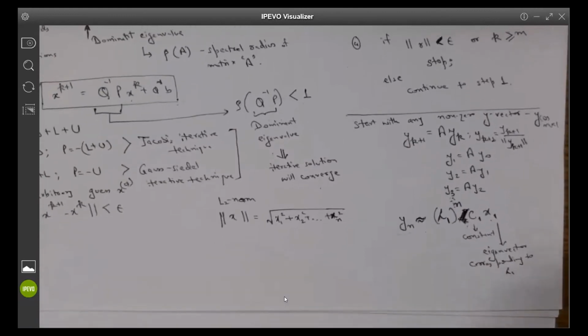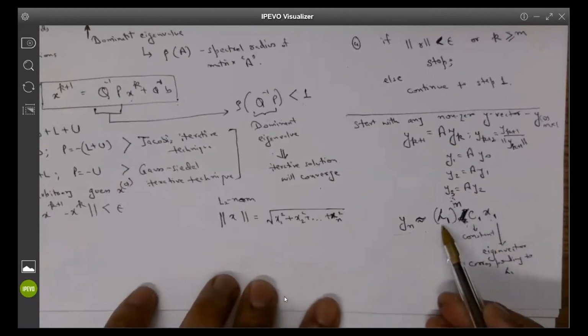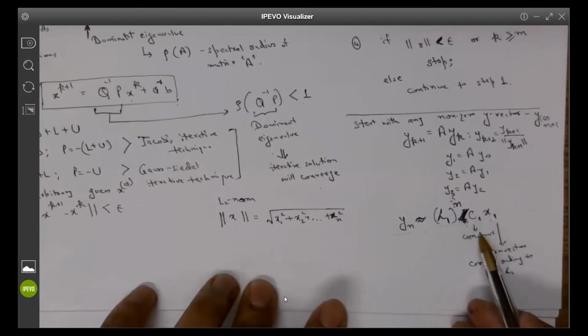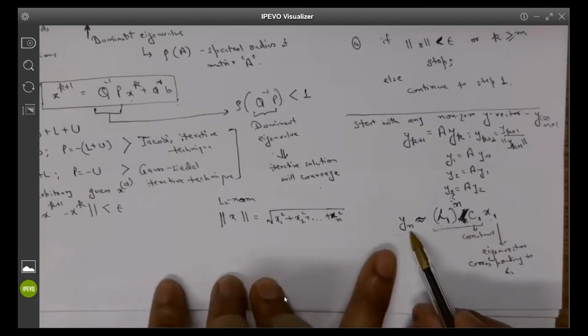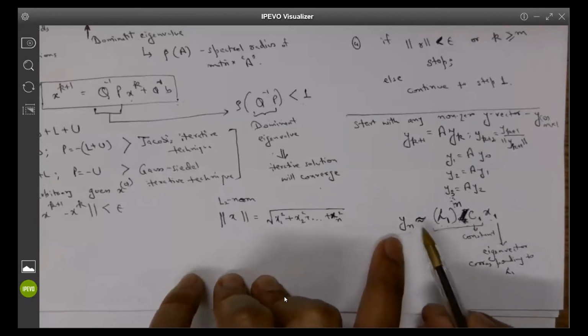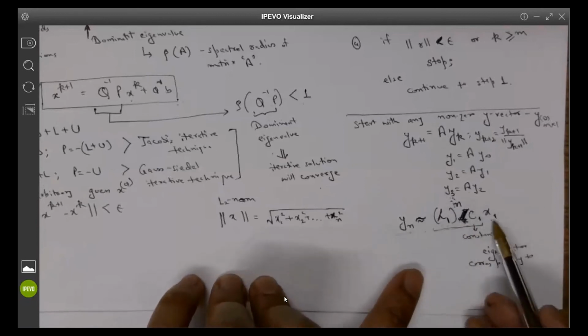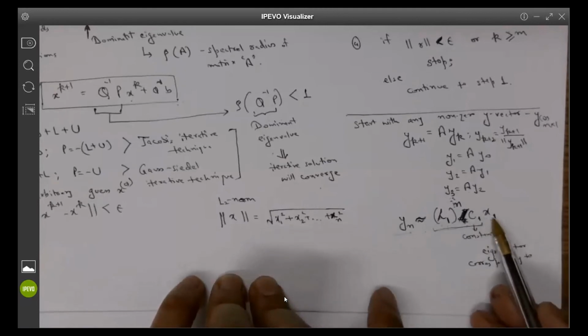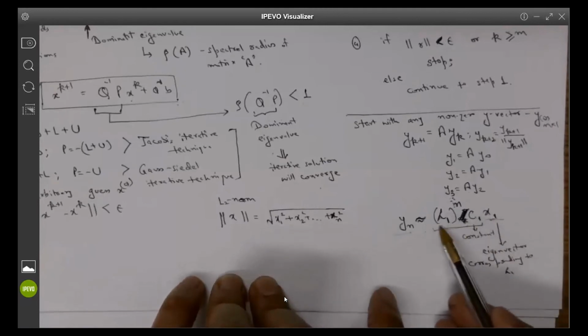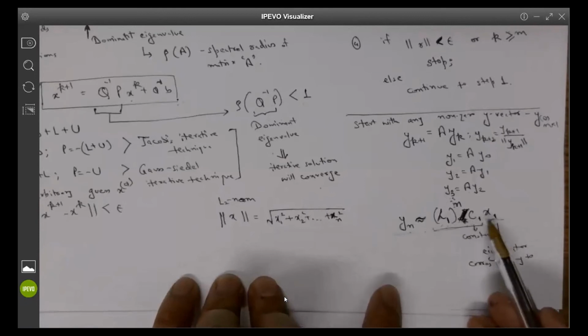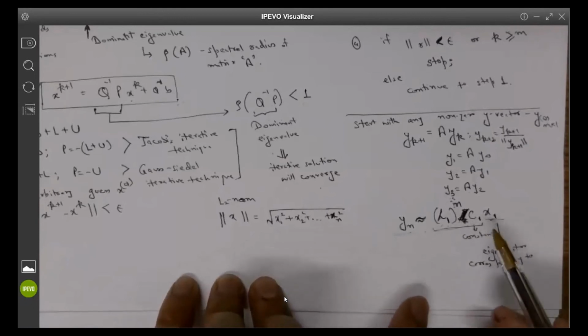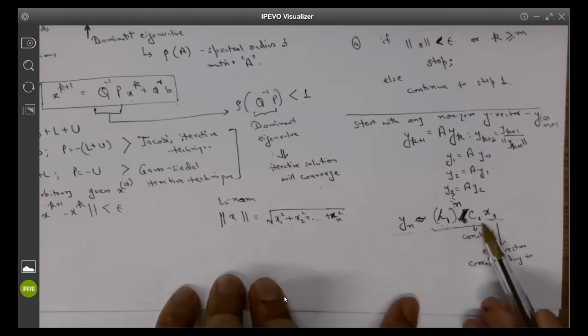Are you getting what I'm trying to say? Lambda is just one constant, and c is another constant, so this is basically another constant. What this yn corresponds to is, if you remember, we were discussing that an eigenvector represents a direction. So this is an eigenvector corresponding to lambda 1, and these are just constants. A constant multiplied by that vector will again point in the same direction.